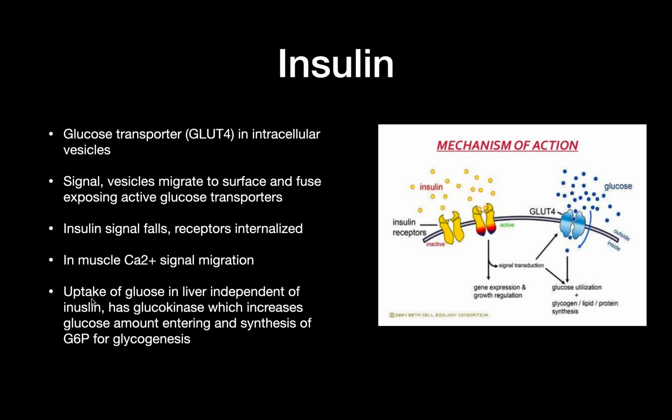The uptake of glucose in the liver is independent of insulin, which is unique because it has glucokinase, which increases the glucose amount entering and synthesis of G6P for glycogenesis. So for the rest of the cells in the body, we have this kind of mechanism because we use glucose when we need it.